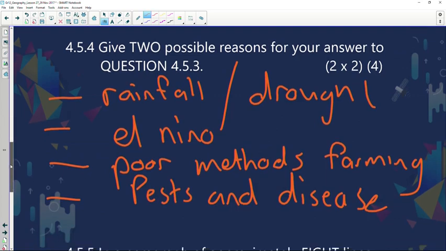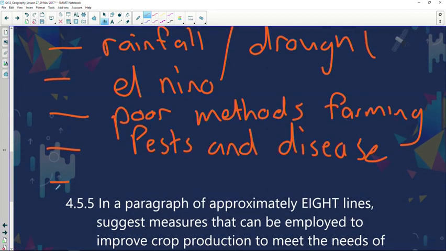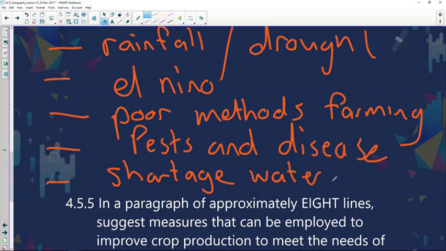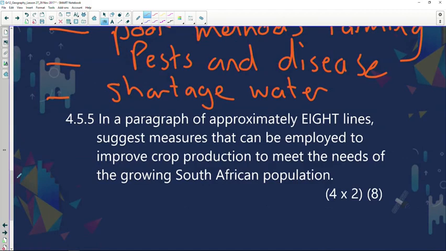And there might have been a shortage of water for irrigation, there wasn't provision, for instance, building dams or underground water. So that could have been a concern.